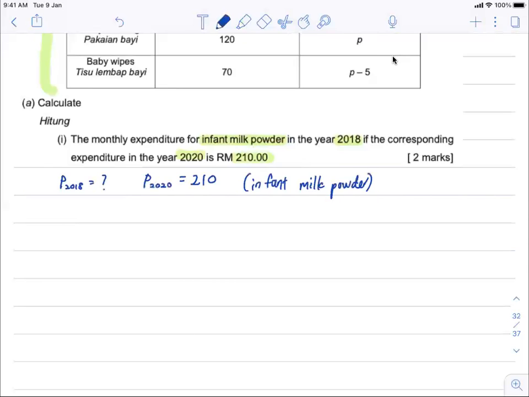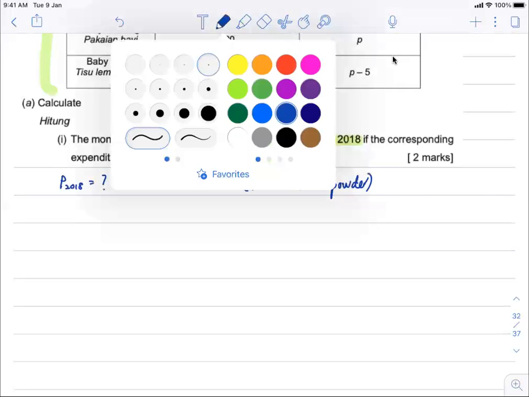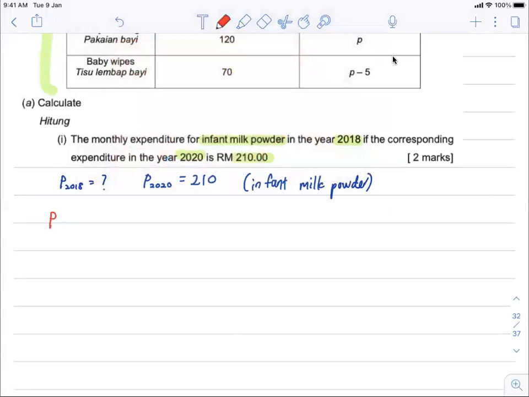So for this, we can use this formula. Index of 2020 divided by 2018, or even more simple, I 20 over 18 is equal to price 2020 divided by price 2018 multiplied by 100.